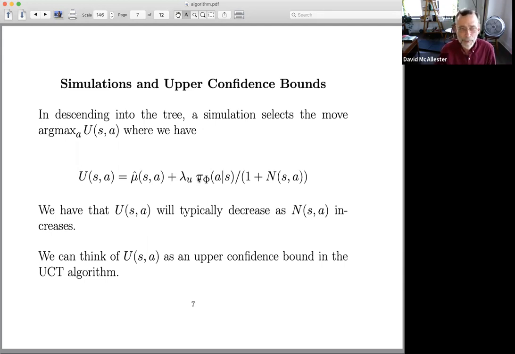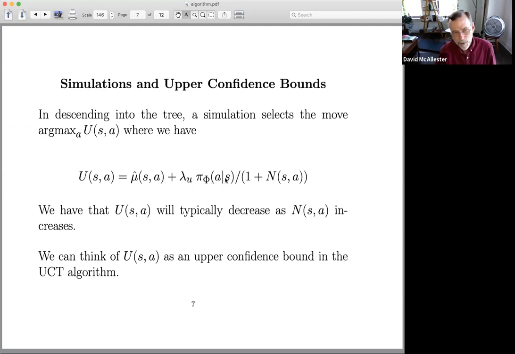So the larger the probability is, the more likely we are to select this move when we take the argmax of this upper confidence bound. The higher the probability, the higher this value.